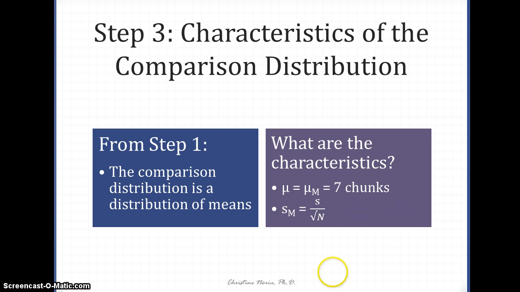In order to get the standard error for the distribution of means, we have to take the standard deviation of our data and divide it by the square root of the number of observations in our sample. So we're using our sample to estimate what the standard error is in the population. And we're even using that to estimate what the standard deviation is in the population.